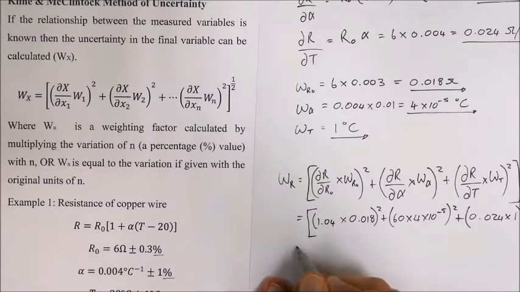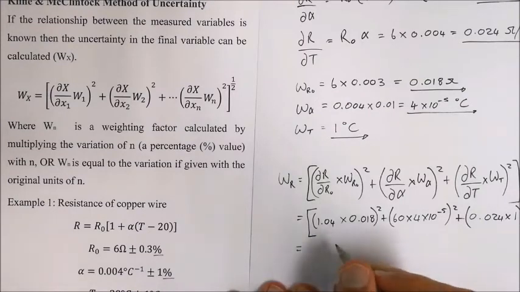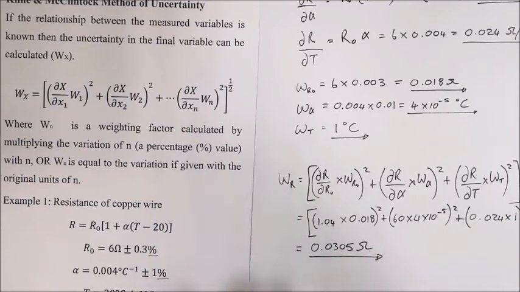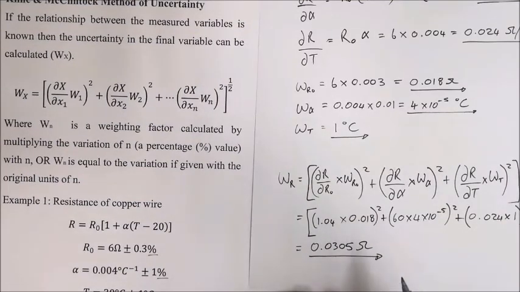Okay, so once we do that final calculation, we will get an answer of 0.0305 ohms, which would be our uncertainty. Now that we've got this value of uncertainty, we might want to represent it as a percentage value.